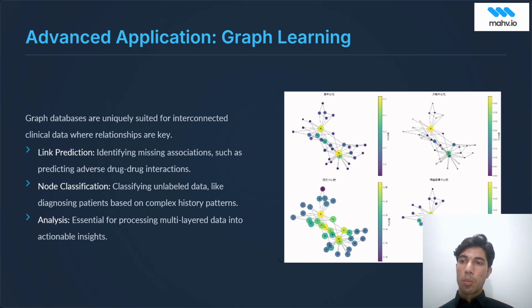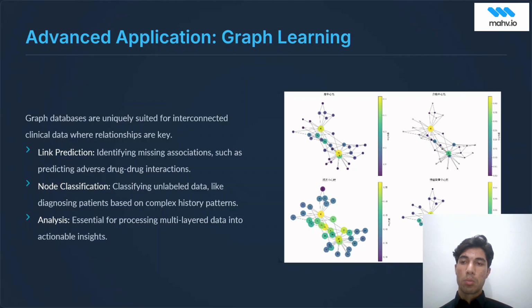Okay, then beyond just storing data, graph databases are also used for medical analytics. They are uniquely suited for interconnected clinical data where relationships are key. So basically, there is link prediction and there is node classification.